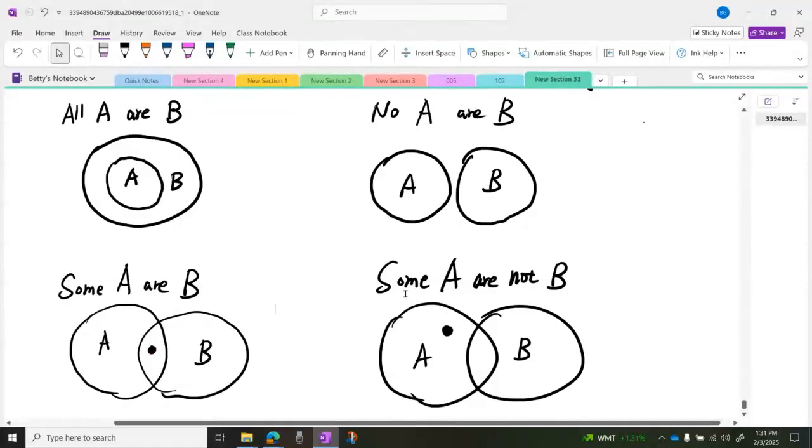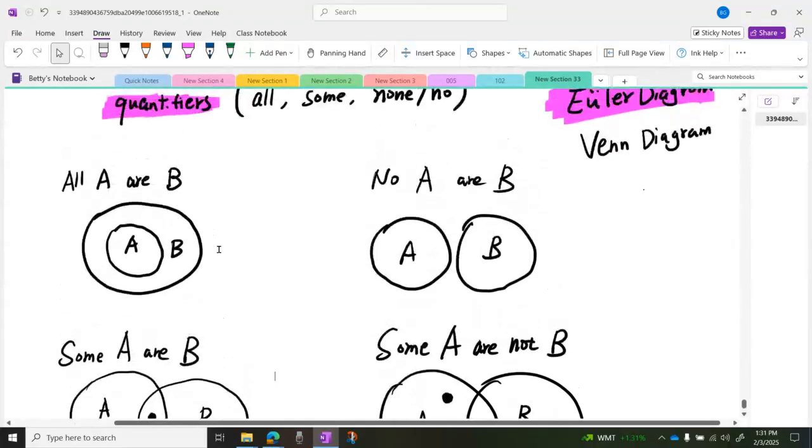Okay. So I'm going to give you an equivalent way to describe the same quantified statement. I need you to try to understand and memorize it. All A are B is a pretty straightforward way to say this statement.